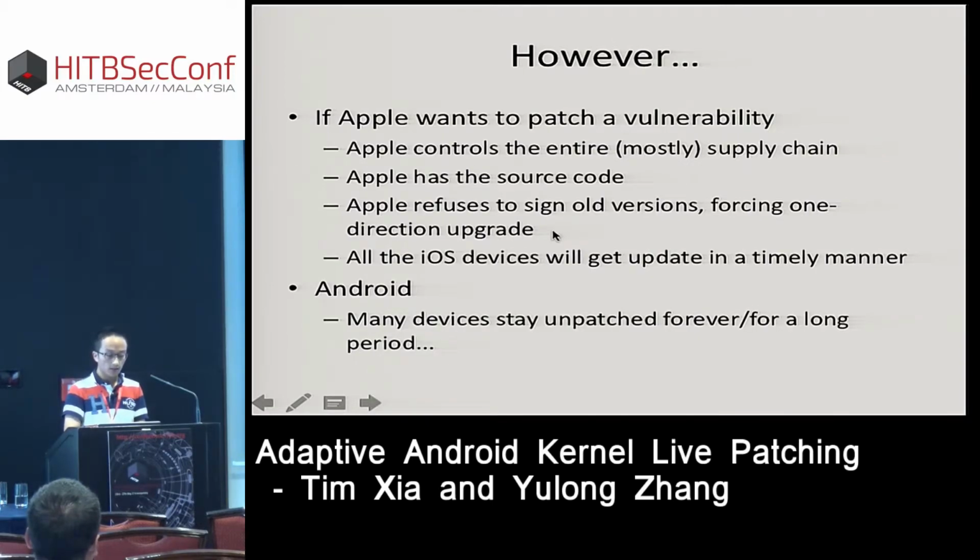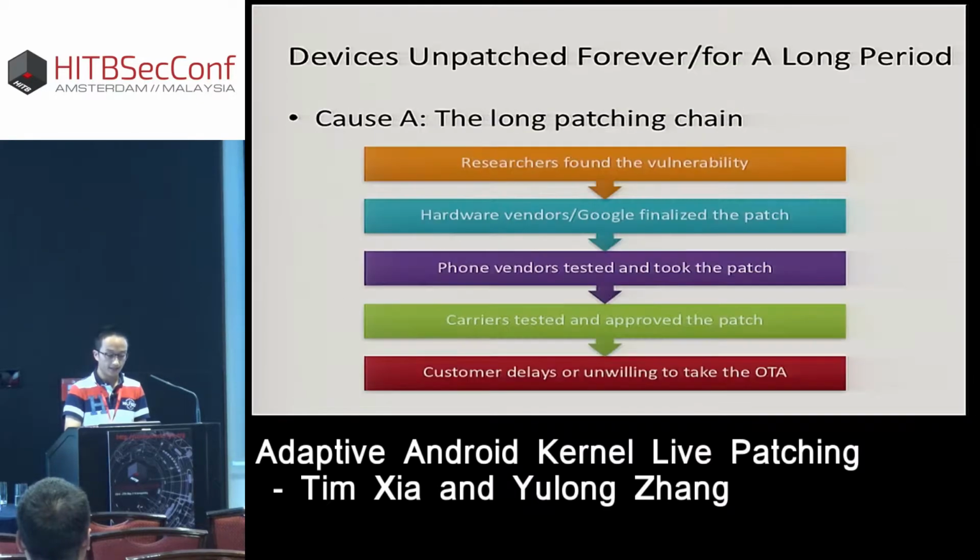For Android, this is not the case. There are two causes. The first cause is the long patching chain. From the first day, if some researchers find a vulnerability, they report it to Google. It takes months for Google to finalize the patch.